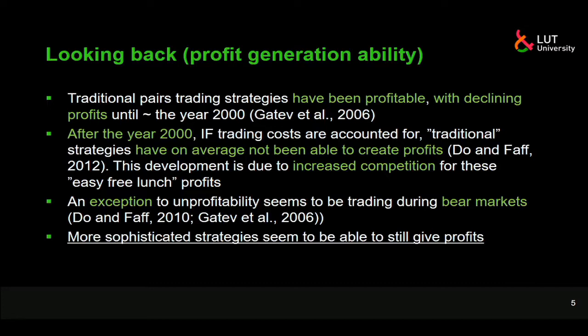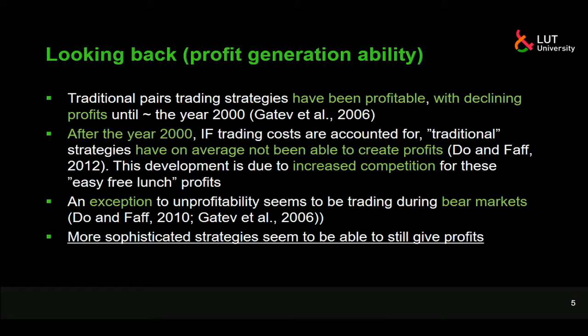Now, does this really then generate profits? Well, looking back historically, it has been able to generate profit. If we look at what is called traditional pairs trading strategies, this means pairs trading strategies that are based on something called a distance approach in creating and finding those pairs.